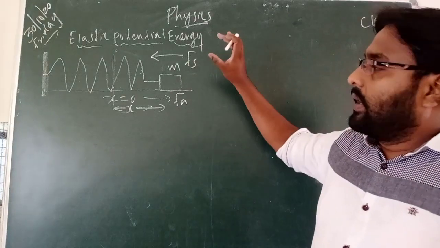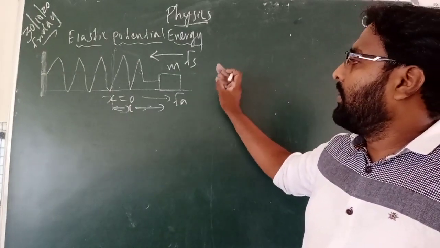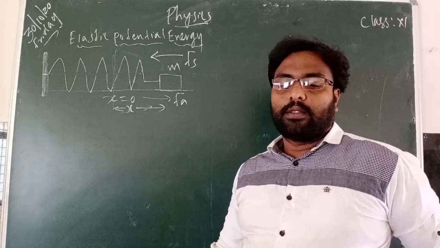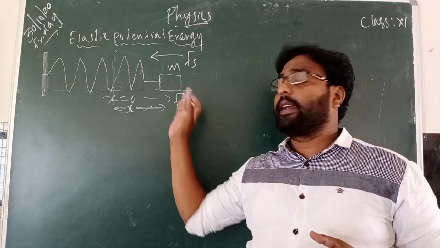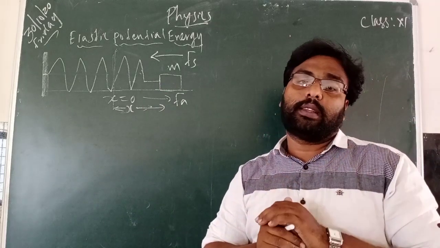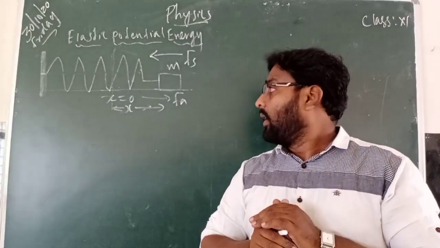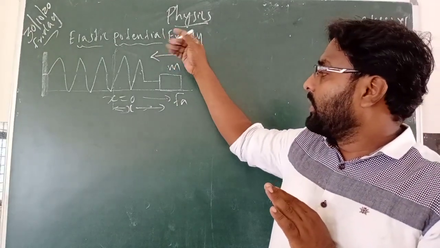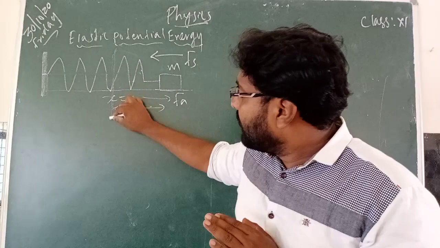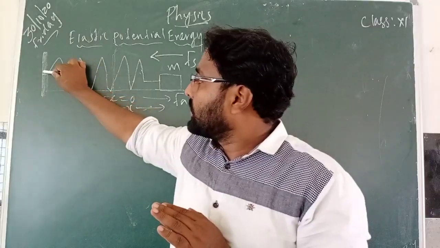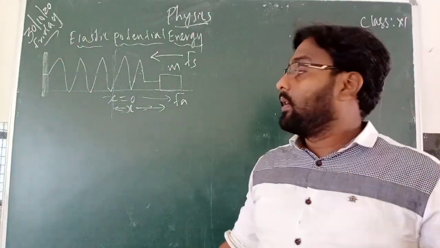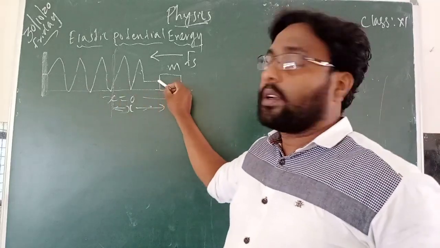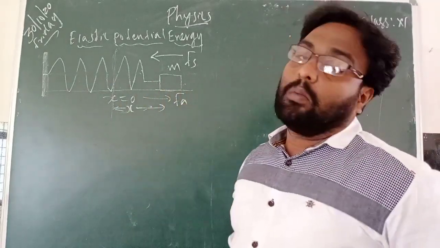So consider a spring mass system. Mass is attached with a spring. Here you can see x equal to 0. This is what we are calling the equilibrium position. One end of the spring is attached to a vertical wall, and another end of the spring is attached to the mass.